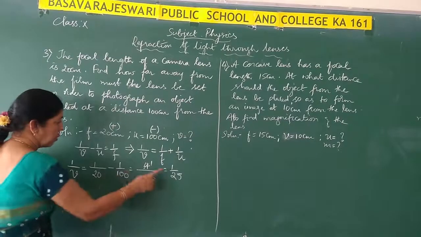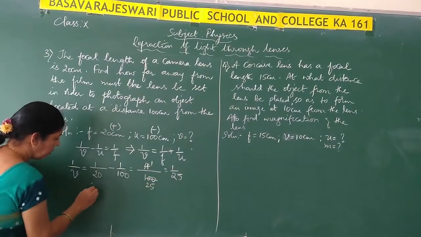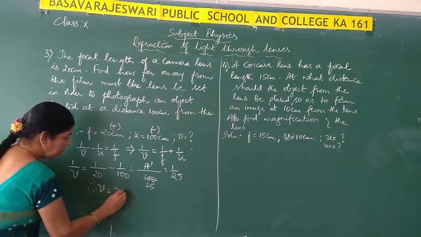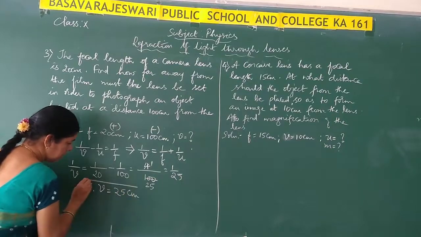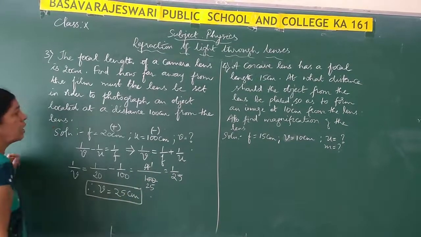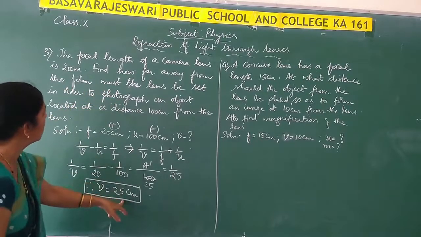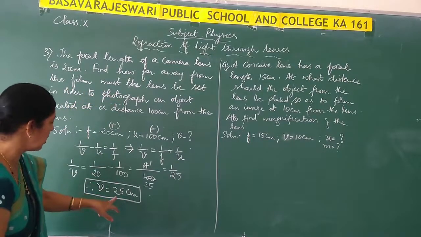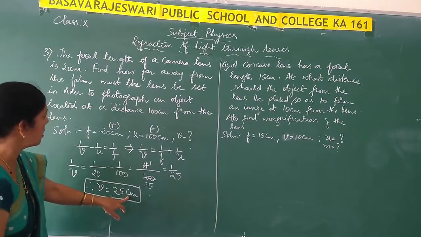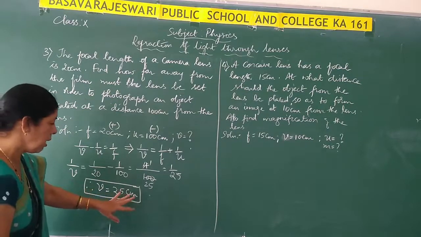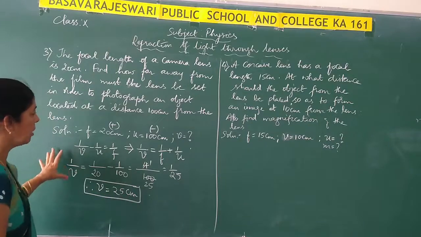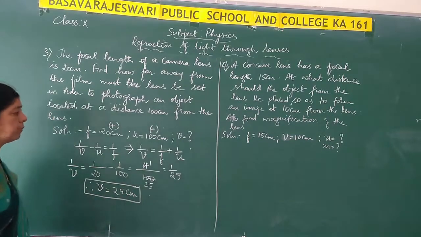So 1 by V will be equal to 1 by 25. Therefore, V will be equal to 25 cm and we will take this with the positive sign. So the film must be placed at a distance of 25 cm so as to obtain an image. Okay. So this will be the solution for this problem.